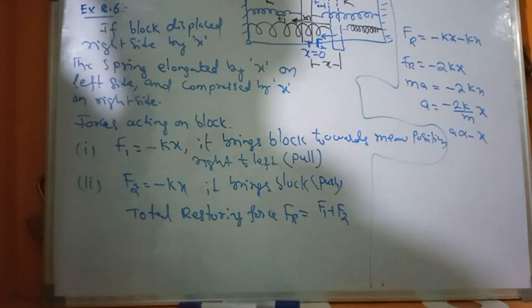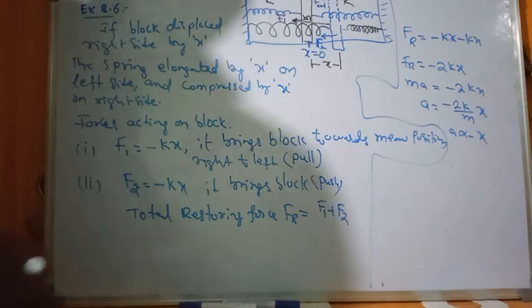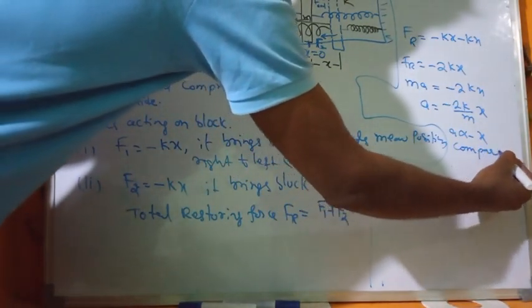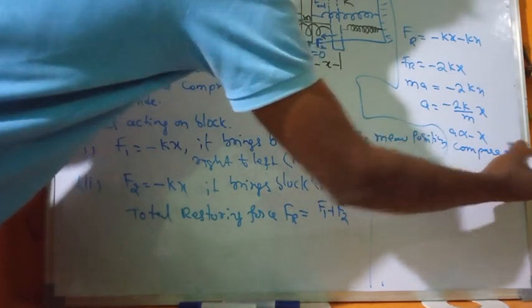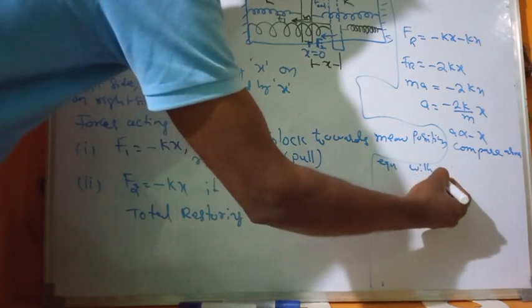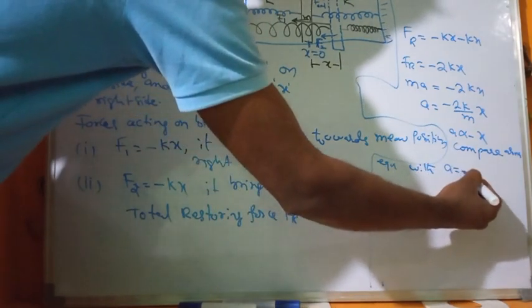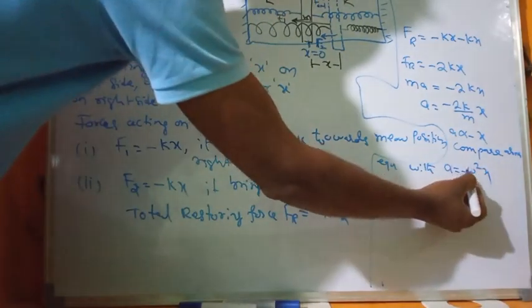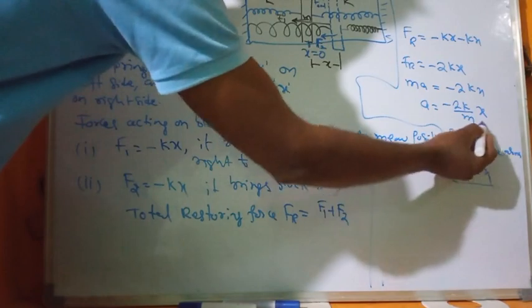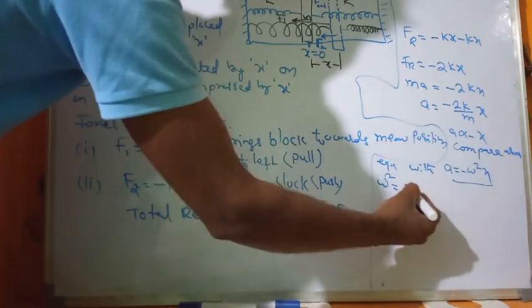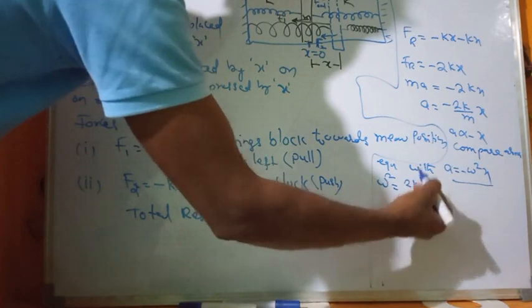If it is executing simple harmonic motion, we compare the above equation with a is equal to minus omega square x. Comparing, we get omega square is equal to 2k by m.